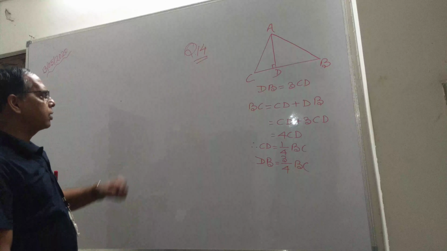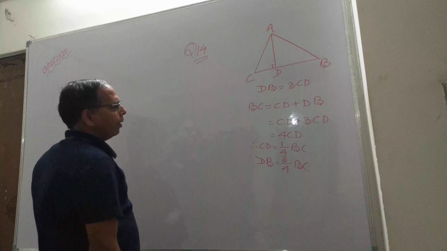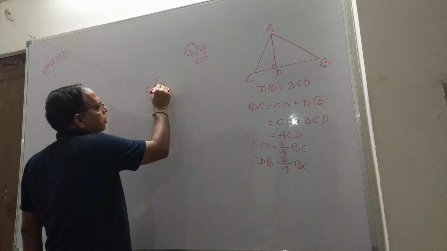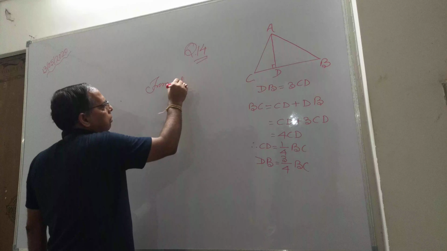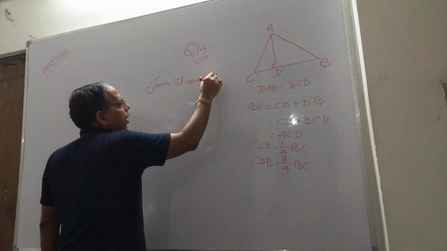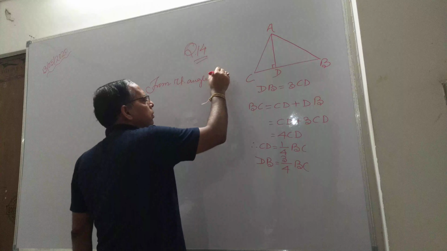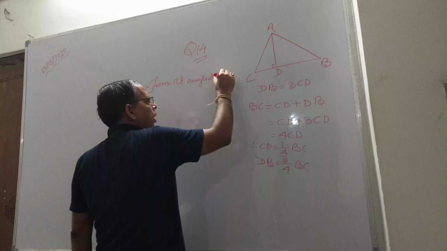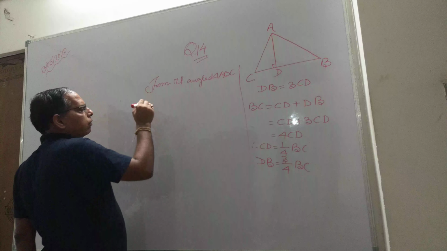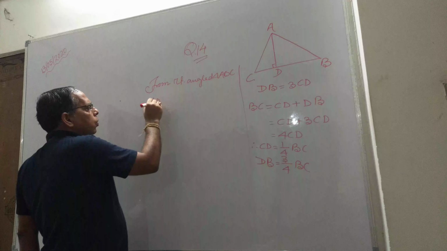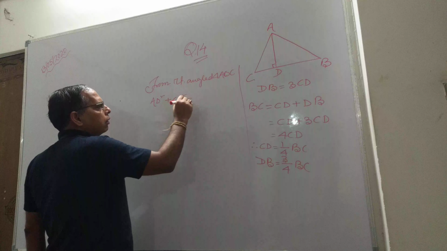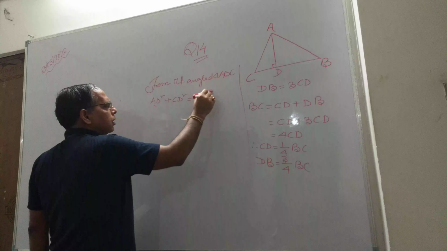Okay? Now let's see one by one part. From right angle triangle ADC, what is that? AD square plus CD square equal to AC square.